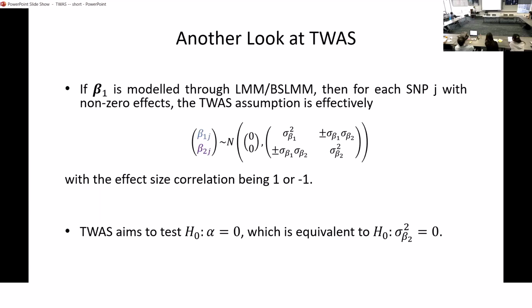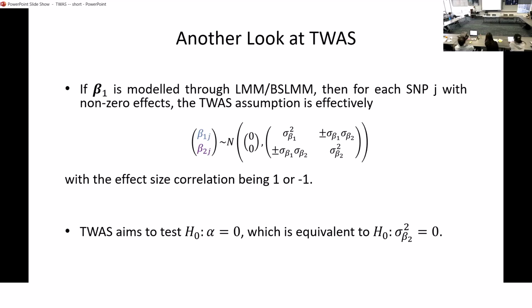And the TWAS assumption basically says that it follows a bivariate normal distribution, and their correlation is either 1 or -1. So the effect size on gene expression and the effect size on the trait, they're perfectly correlated. The correlation is either 1 or negative 1. That's, again, this huge assumption, but that's what the TWAS makes the assumption on.